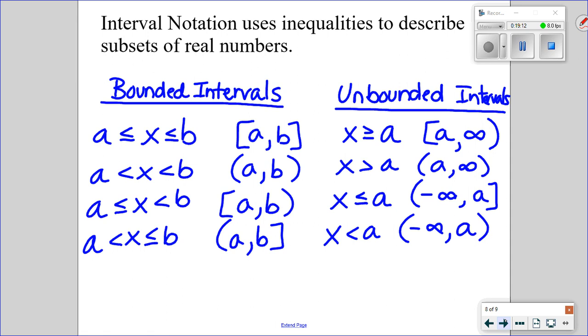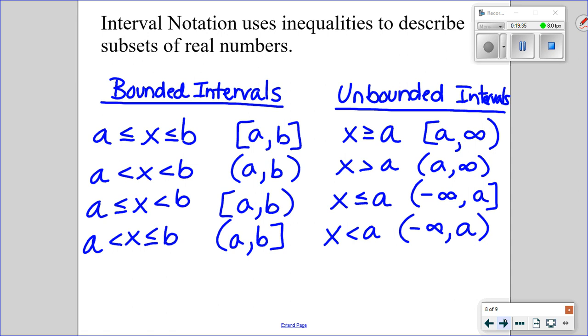All right. Next, we're going to look at interval notation, and actually, this type of notation we will use quite often. So interval notation uses inequalities to describe subsets of real numbers. Now, you should be familiar with inequalities from your previous algebra courses.